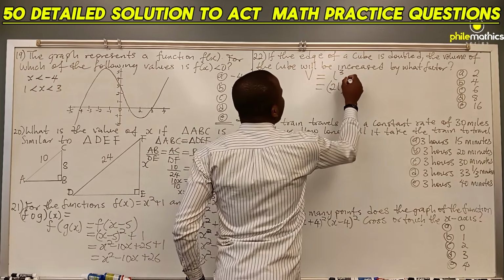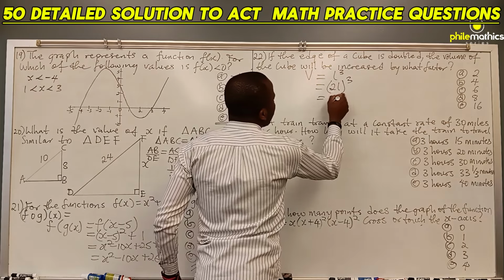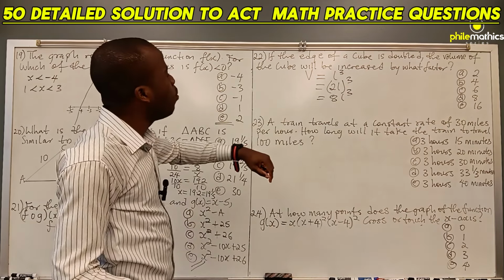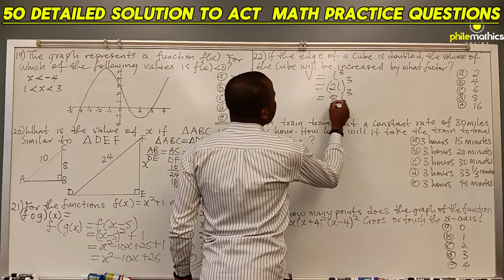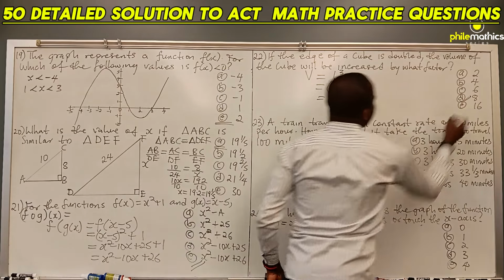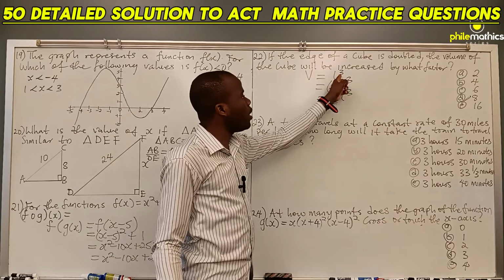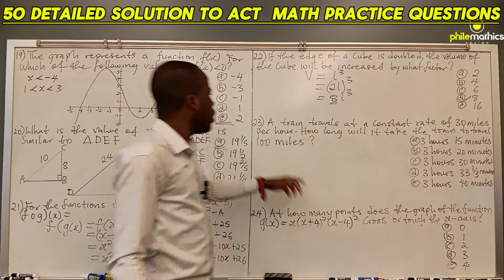So the volume will now be 2L cubed, and cubing this gives 8L cubed. So the volume of the cube will be increased by a factor of 8, which is D, because the volume with the normal edge is L cubed.